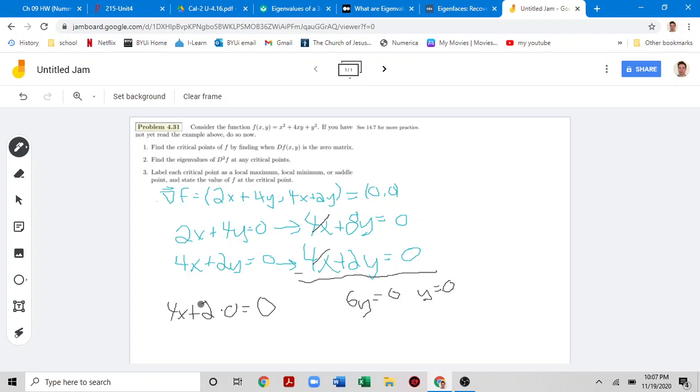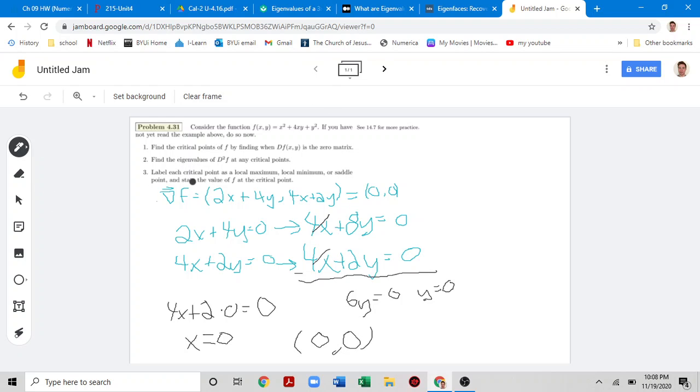Now let's solve for x: this is 0, so 4x equals 0, and x also equals 0. So this is the only critical point on the graph, and it's just (0, 0). Sweet, and that's how we do the first one.